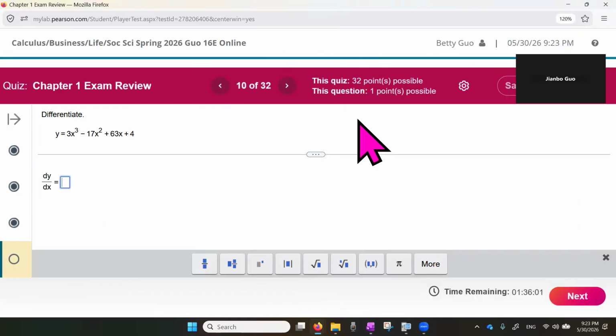The first one, the coefficient 3 is going to remain the same, okay? X cubed. Let me just write it down here.